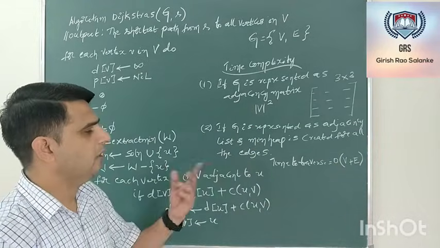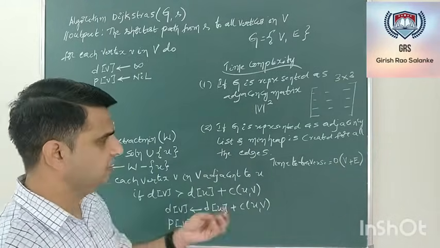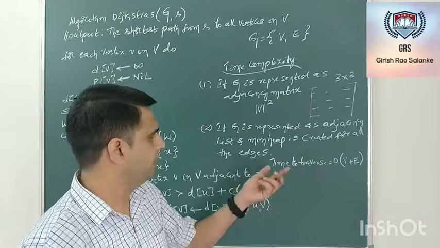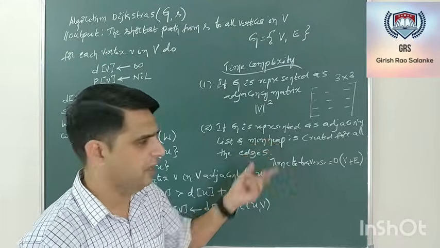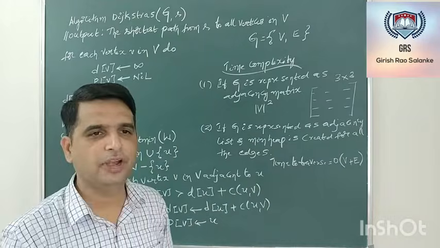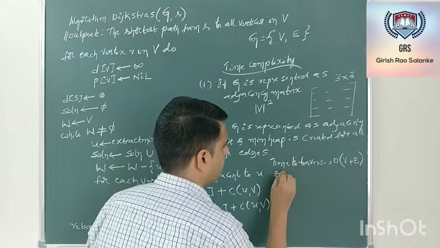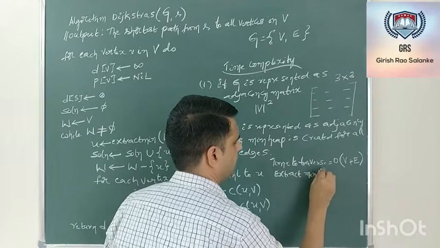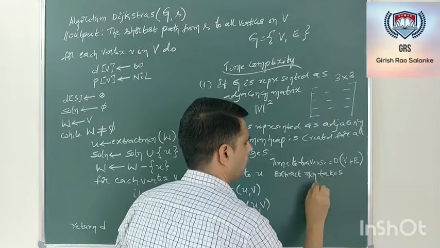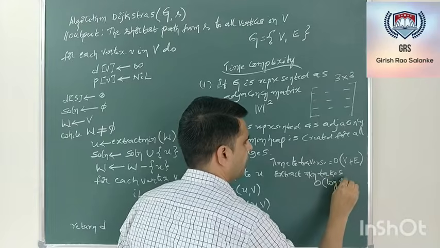Now what we used to do, in each iteration we used to perform an extract min operation. To perform this extract min operation from this min heap, it takes log V time. So extract min takes order of log V time.